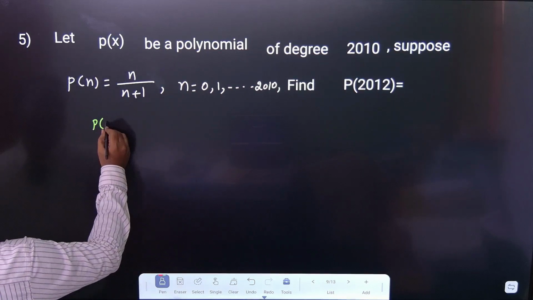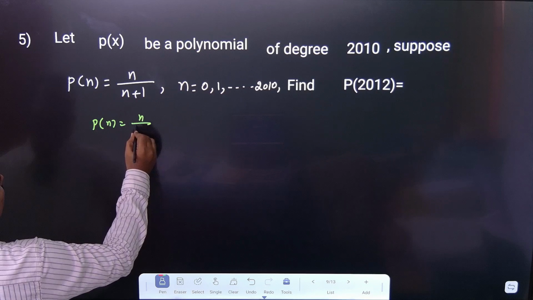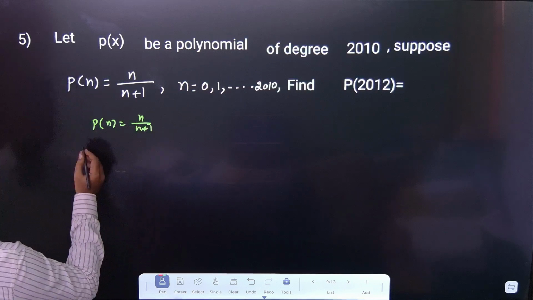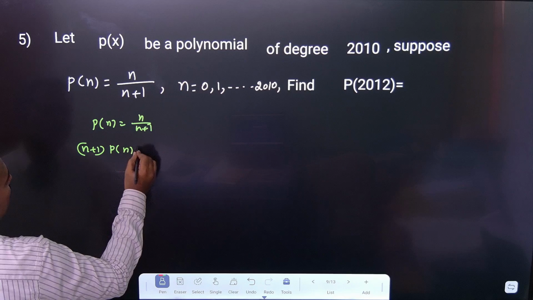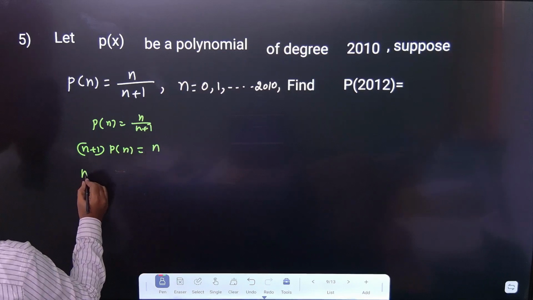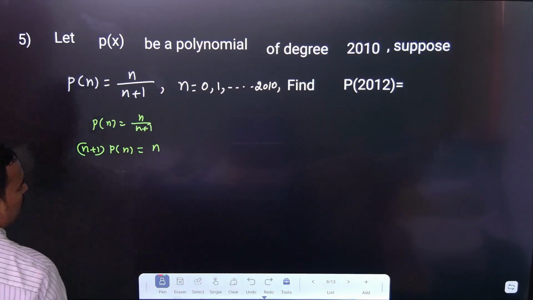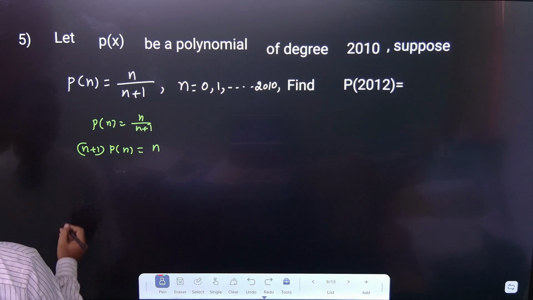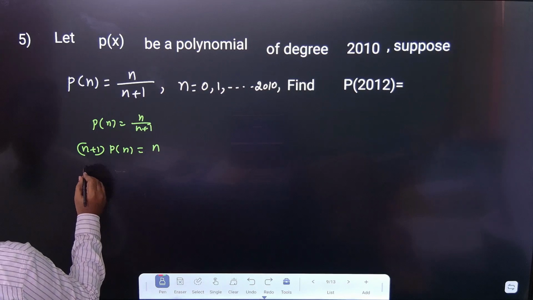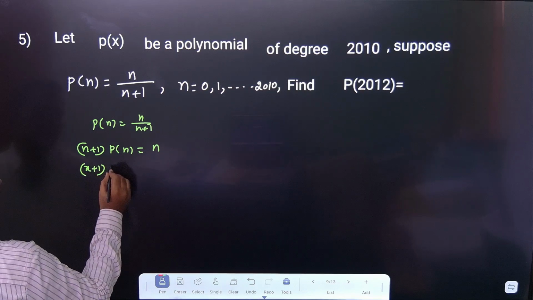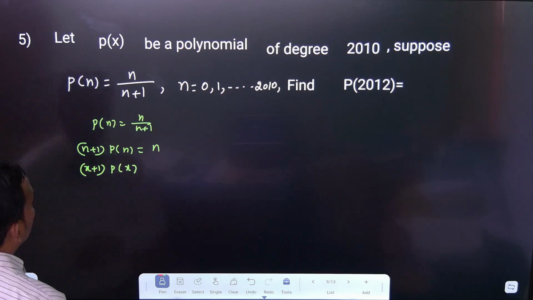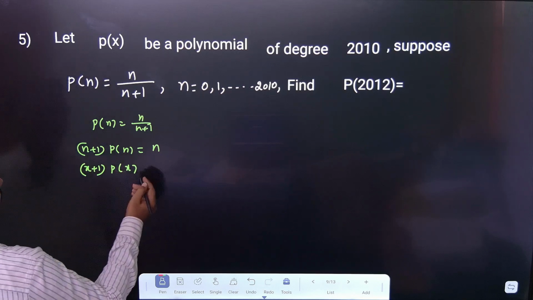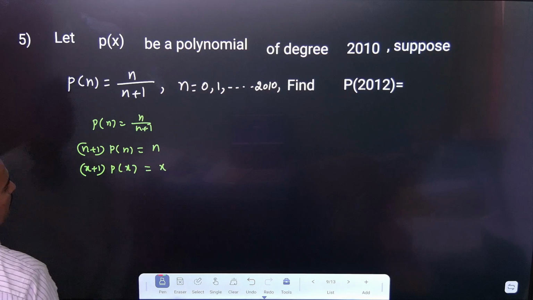P of n is equal to n divided by n plus 1. You can cross multiply: n plus 1 into P of n is equal to n. Just replace n by x. It will be easy for you to find the solution. x plus 1 into P of x is equal to x. Clear?